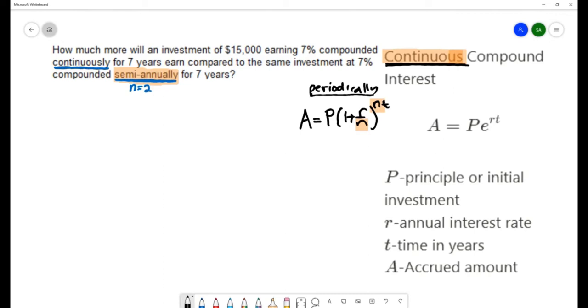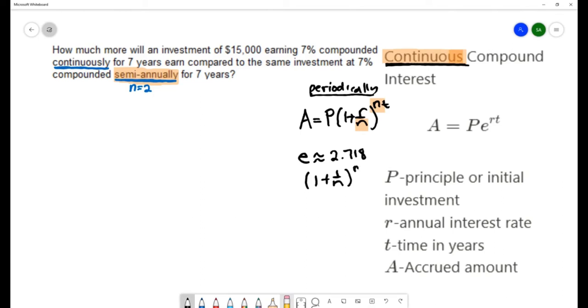Previously we've talked about what e is, and e is approximately 2.718. But where it comes from is this expression, 1 plus 1 over n to the n.